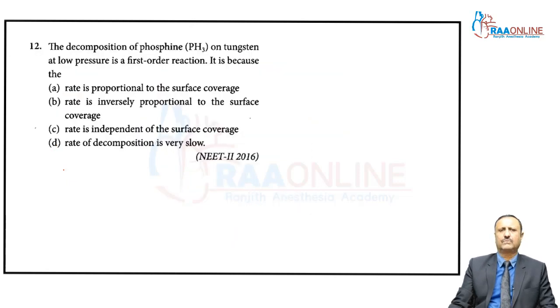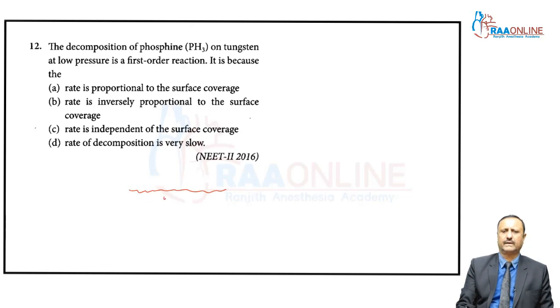Now we can go to question number 12, my dear students. The decomposition of phosphine on tungsten at low pressure is a first order reaction. Here this is a theoretical question. This is the tungsten metal, and first of all, phosphine is a gas.